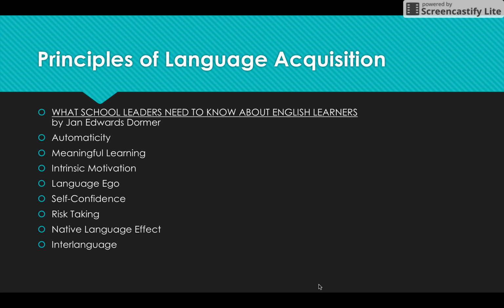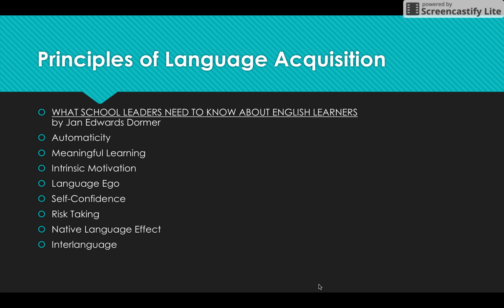Another thing that helps a student learn a new language is the ability to take risks, risk-taking. You can discuss with the students the importance of risk-taking in the class. Let them know that it's okay to take risks to learn and to become better English speakers.